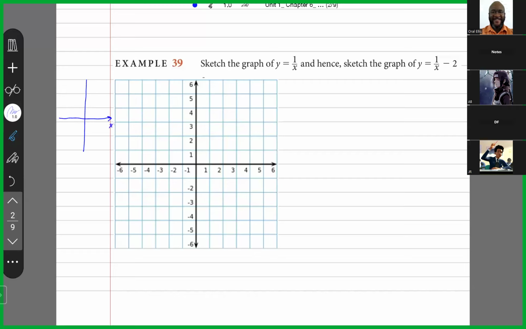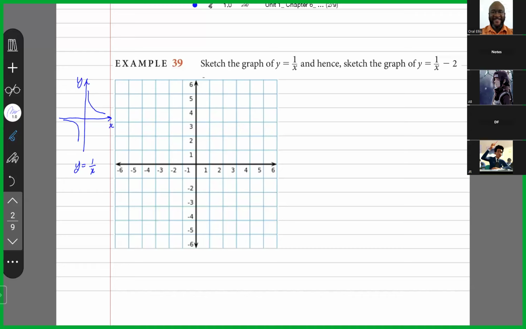So if this is our x-axis and this is the y-axis, the graph of y is equal to 1 over x looks something like this. So this is y is equal to 1 over x, where both the x-axis and the y-axis are asymptotes. The y-axis is a vertical asymptote, and the x-axis is a horizontal asymptote.